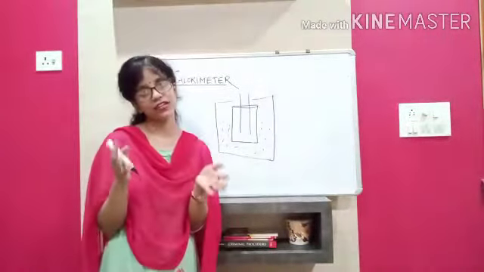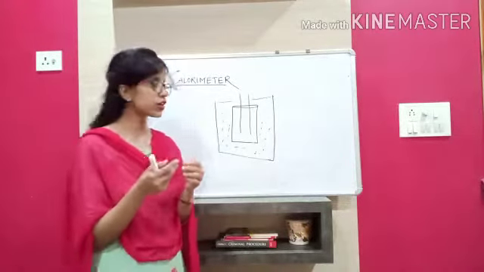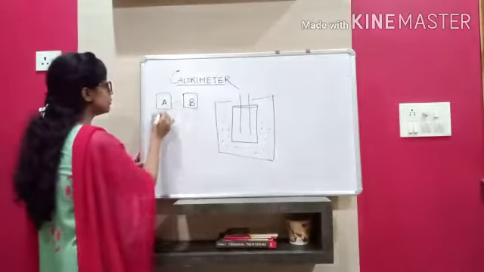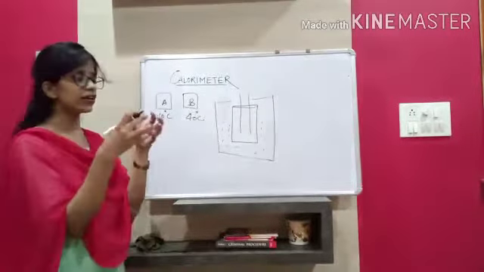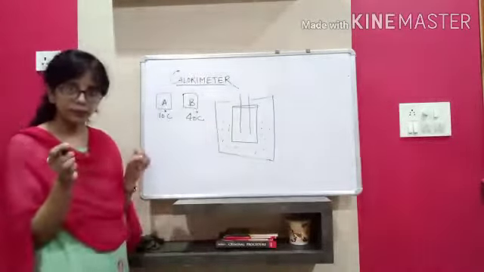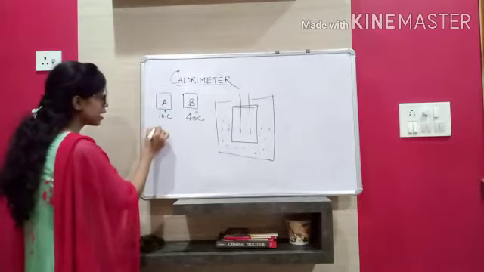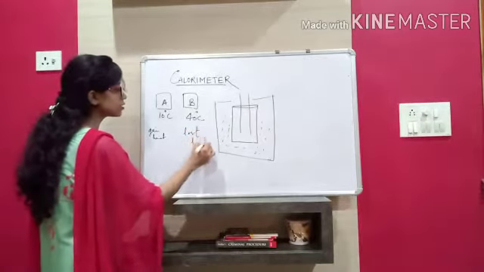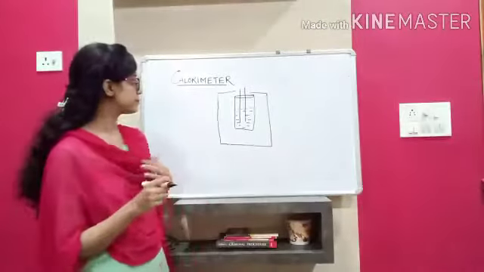We were given the calorimeter and we were supposed to check the idea that if we have a body A and a body B, A is at 10 degrees Celsius and B is at 40 degrees Celsius, and if we bring them in contact, of course heat will flow from body A to body B. Means body A will gain heat and body B will lose some heat, isn't it? I'm going to tell you how I did this in my college.